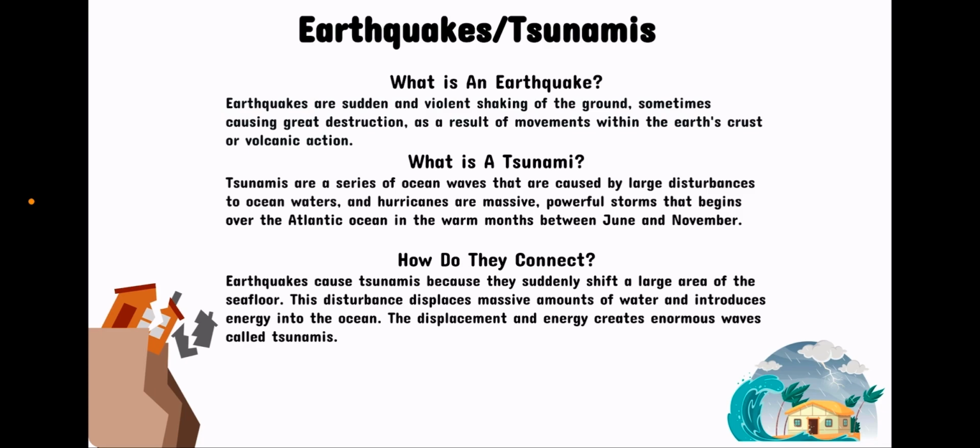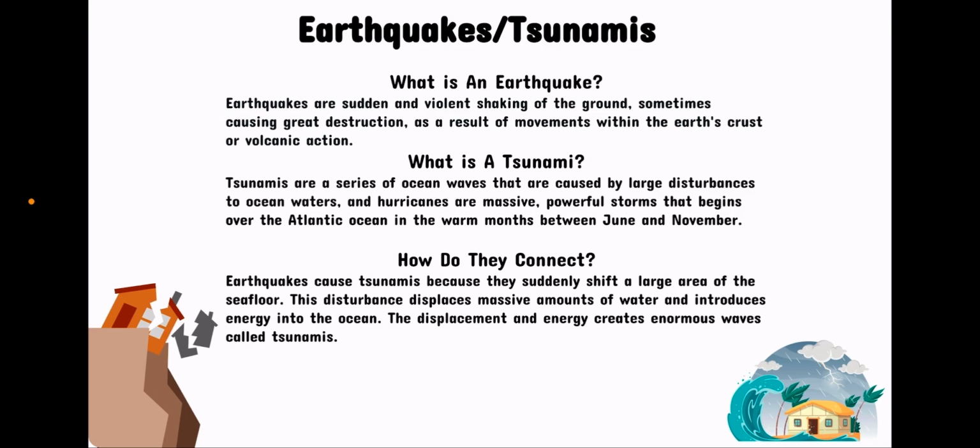A tsunami is a series of ocean waves which can have large disturbances to ocean waters and have powerful storm surges that can harm environments and civilizations. And how are they connected?